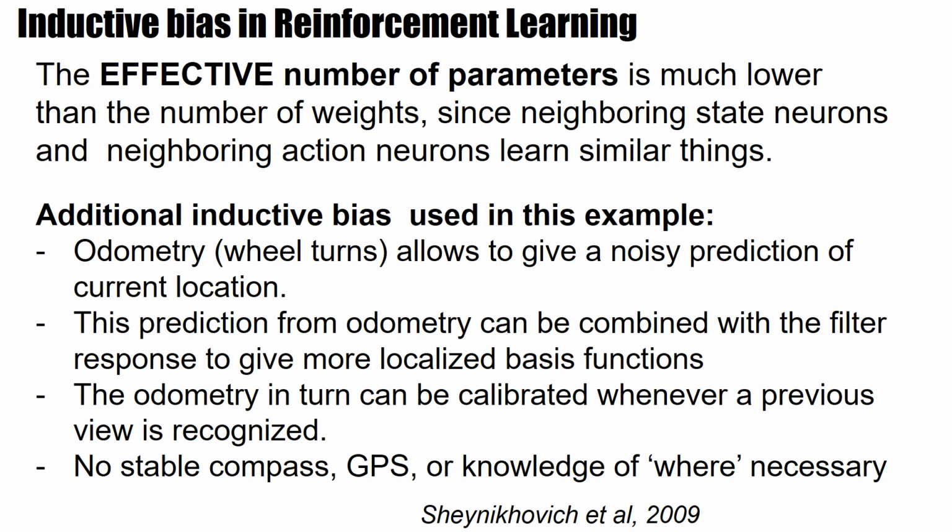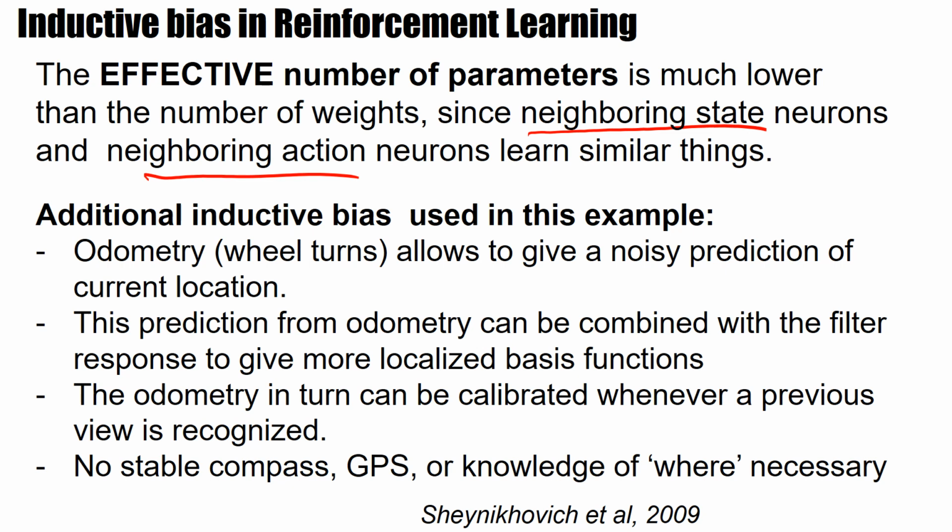To summarize, in this model, learning is fast. And it's fast despite the fact that we run in a high-dimensional space. We run in a high-dimensional filter space, high-dimensional picture space, high-dimensional action space. We have many parameters. Since we have many weights, we have many basis functions, but neighboring states and neighboring action neurons learn similar things.